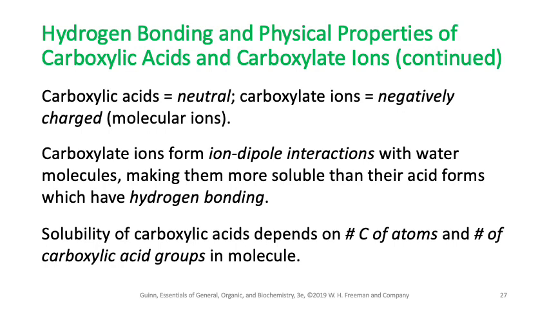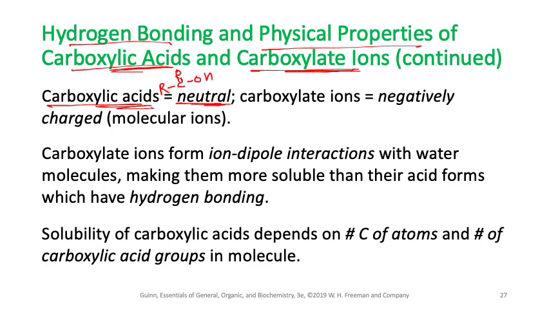Now let's talk about the hydrogen bonding and the physical properties of the carboxylic acid and carboxylate ion. Again, how can you differentiate between the physical properties of both of them? We know carboxylic acid is a neutral molecule, because carboxylic acid is RC double bond O OH, whereas a carboxylate ion, which is R double bond O negative, because the hydrogen has already been donated to a base, is a negatively charged molecule.